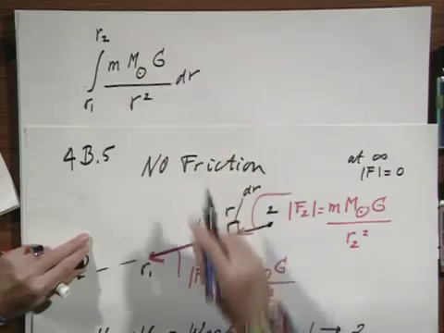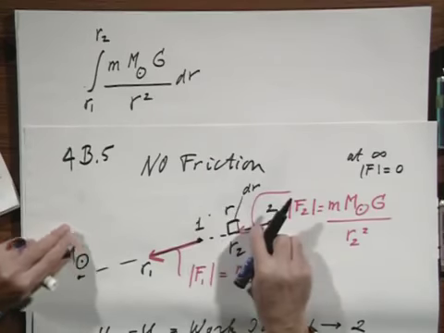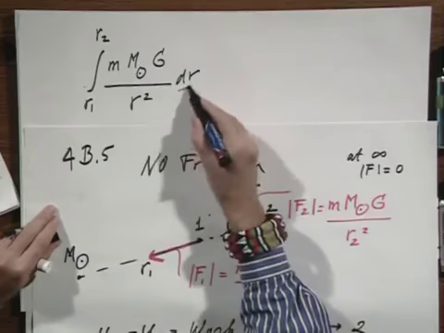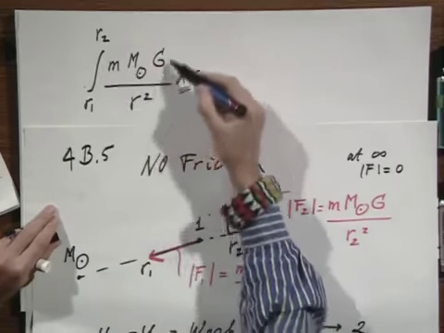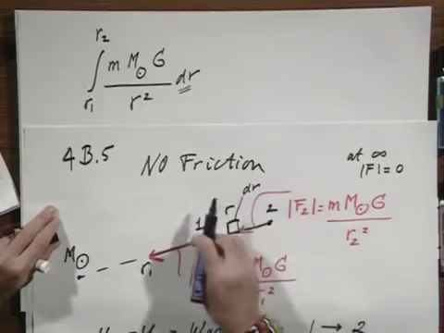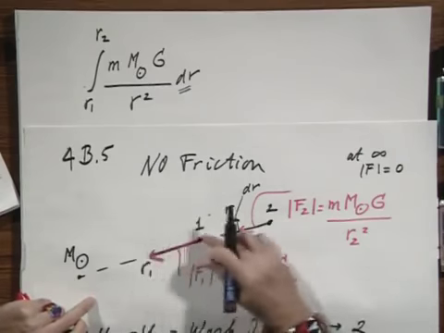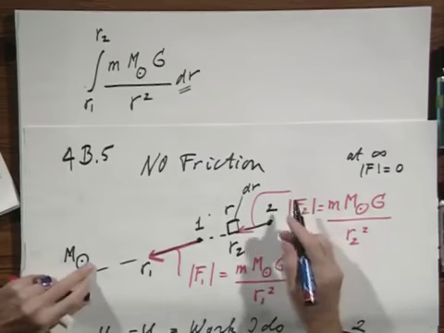This is the magnitude of my force when I have to pull it to increasing value of r. So dr is positive here, and my force itself is also positive. I have to pull away from the center. You could call this force negative if you want that.